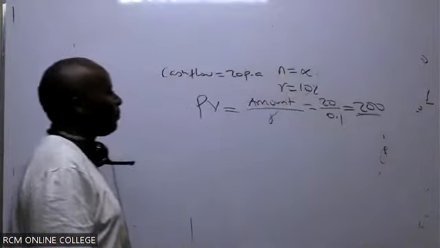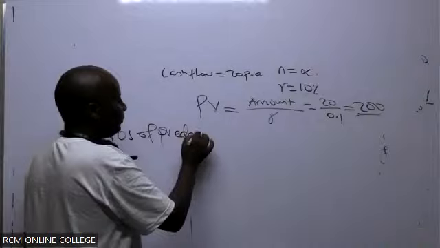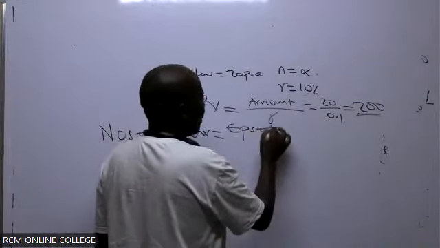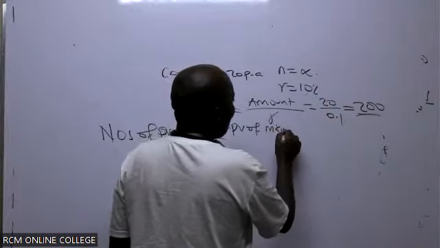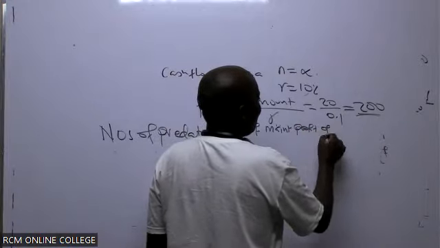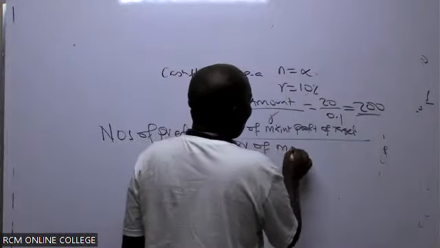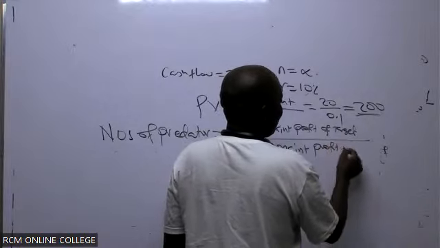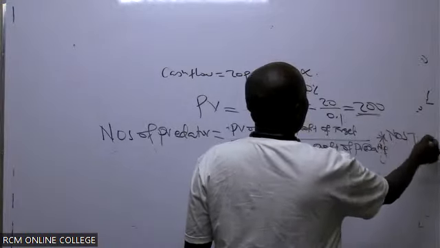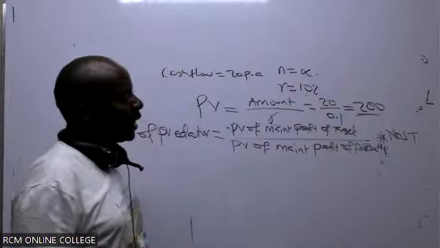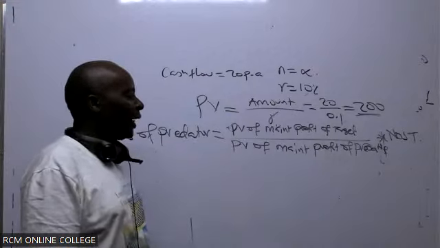This means that the number of shares of the predator will be equal to the present value of maintainable profits of the target, because we must start with the target, all over the present value of maintainable profit of the predator, times NoT, which is the number of shares of the targeted company.